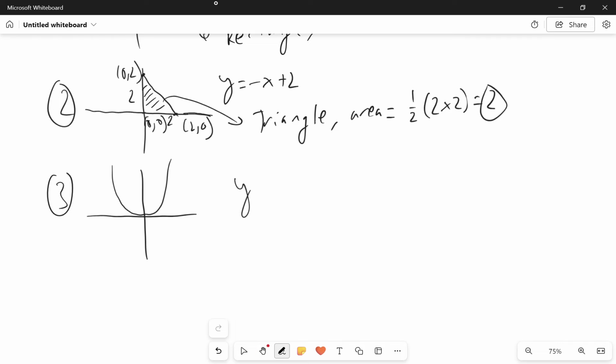So the simple quadratic is y equals x squared. And so once again, this point right over here is 2, 4. So this is x equals 2, and this is y equals 4.